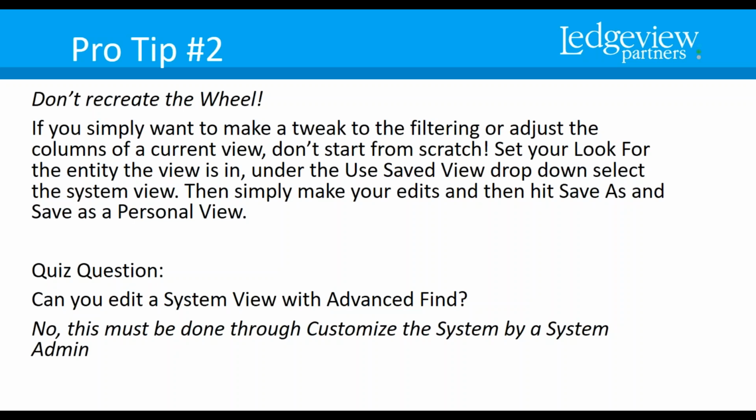Set that to the view that you saw before that you want to make a small tweak to, then start making the tweaks: change a filter, add a column, remove a column. Once you do that, then you just simply save the view. Do a save as, because you cannot edit a system view with advanced find. This must be done through customize the system by a system administrator.